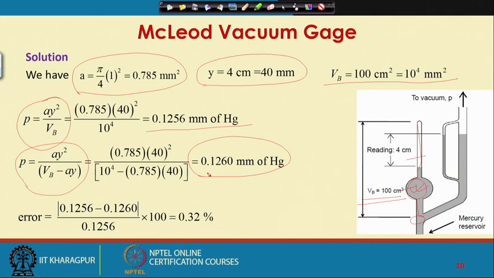So, the difference is not much. Here it is 0.1256 millimeter of mercury given by the approximate equation, and given by the original equation it is 0.1260 millimeter of mercury. So, we can find out the error as 0.1256 minus 0.1260 divided by 0.1256, which is 0.32%.